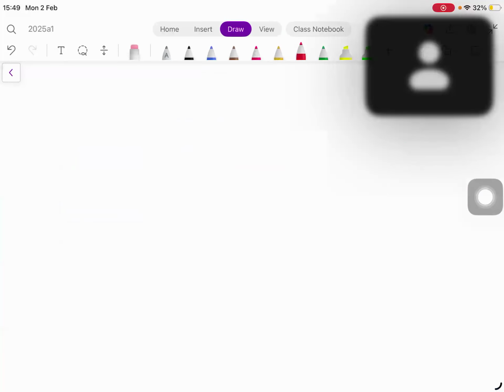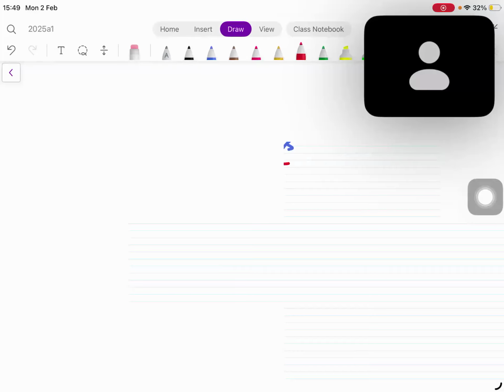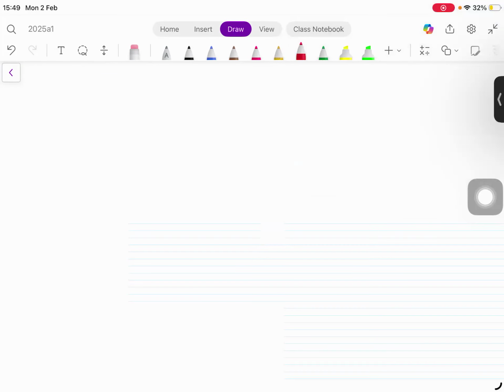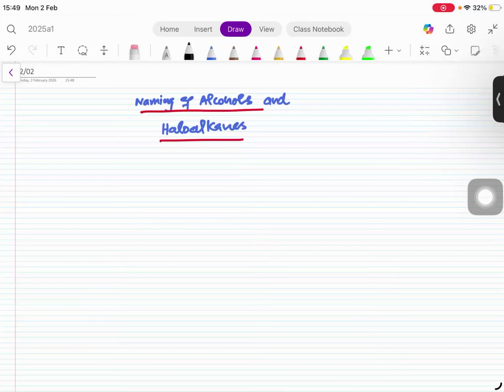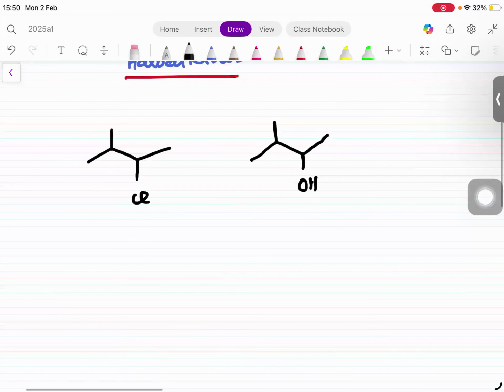One name we are going to repeat and then we'll continue with the rest. Look at this. For example, if you remember what we said for haloalkane, if this is Cl, this is CH3, and similarly, if this is OH and this is CH3, what is the name?